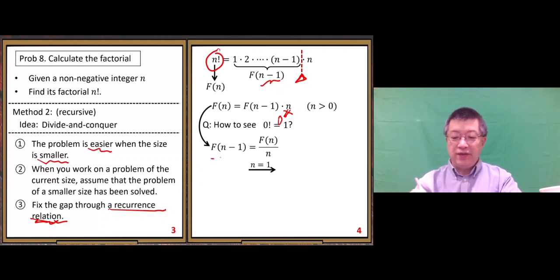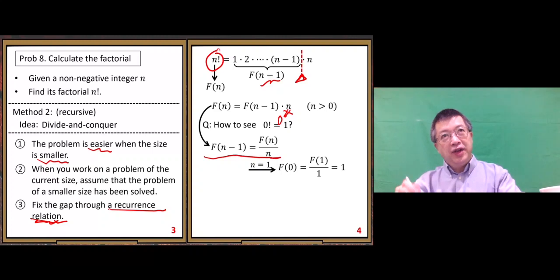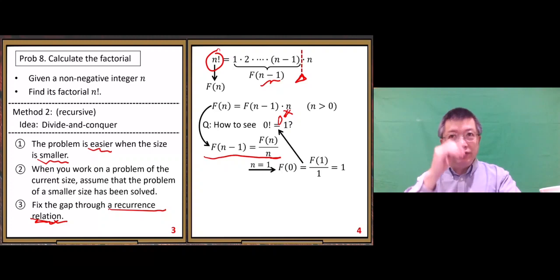So we get this formula. After that, we plug in n equals 1 on both sides. It is allowed, since it's greater than 0. So if you plug in, you get f of 0 equals f of 1 over 1. We know 1 factorial is 1, right? So 1 over 1 is 1. So you see, in this way, we proved 0 factorial equals 1.